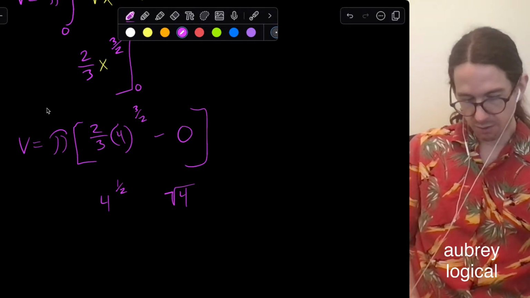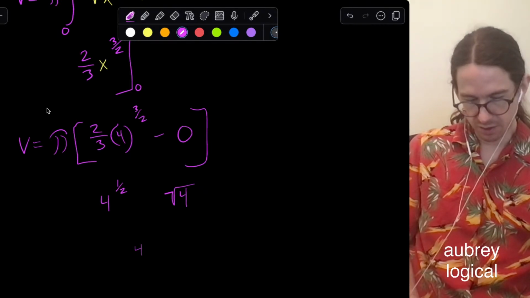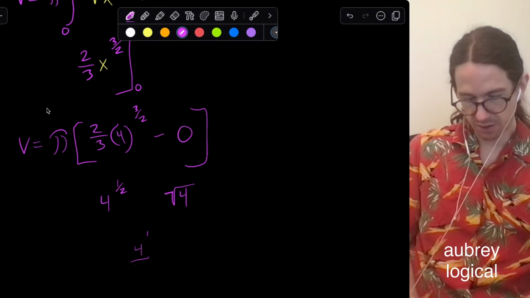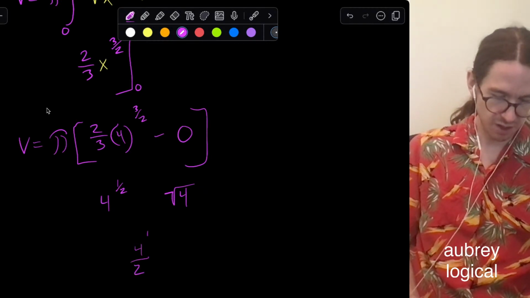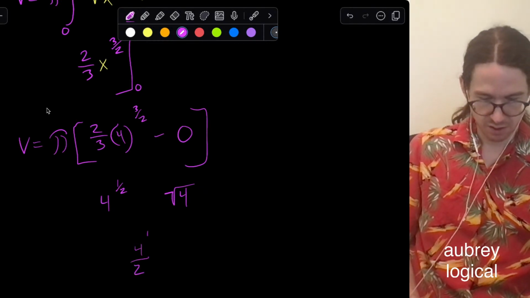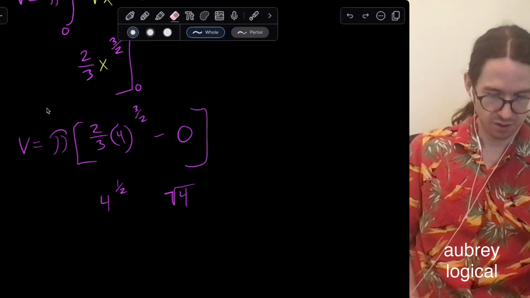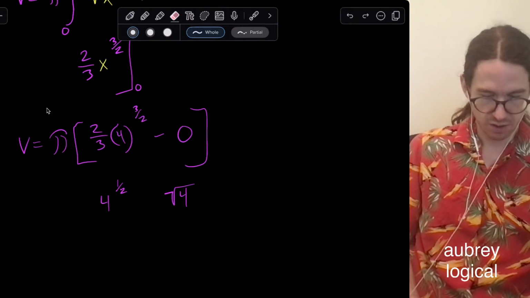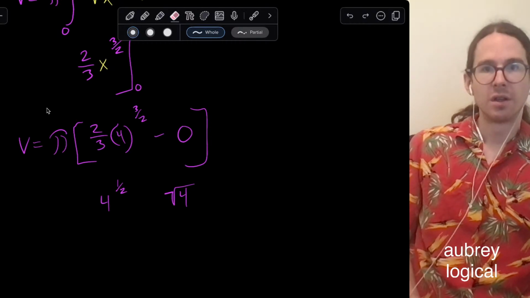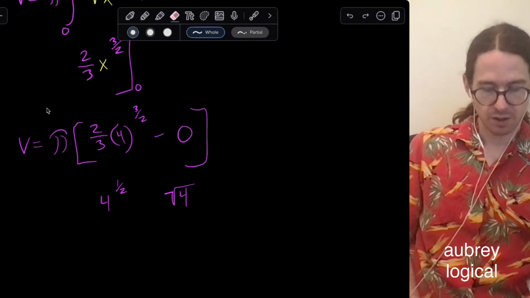So that's going to be 4 to the first power divided by 2. I wonder, is that what that means? I mean, the square root of 4 is going to be plus or minus 2.